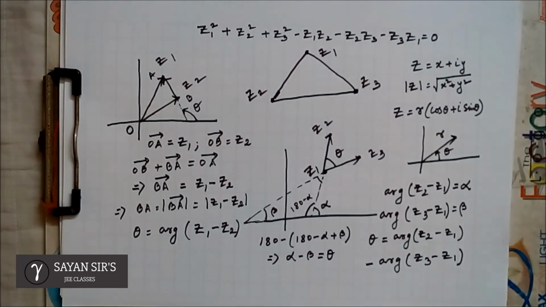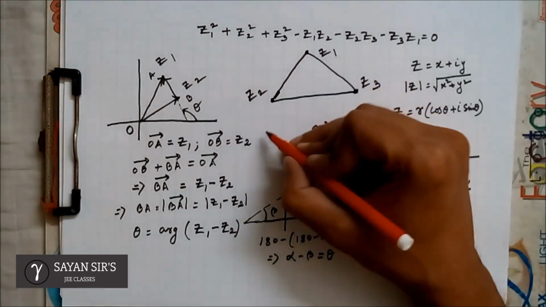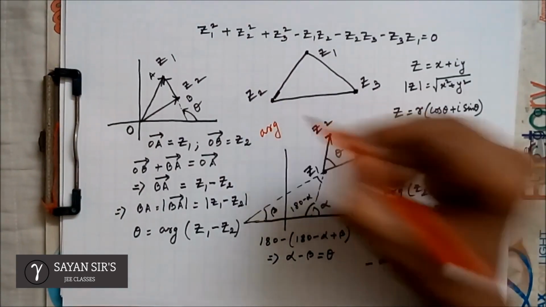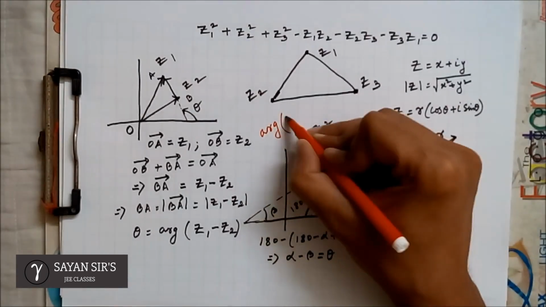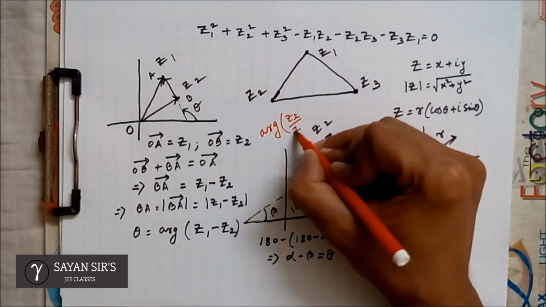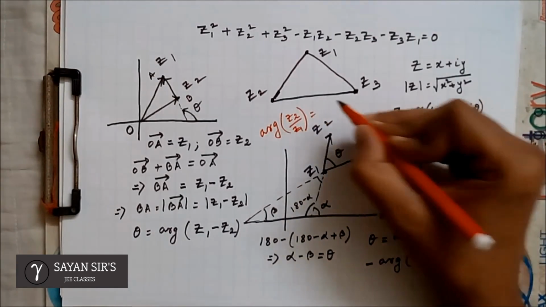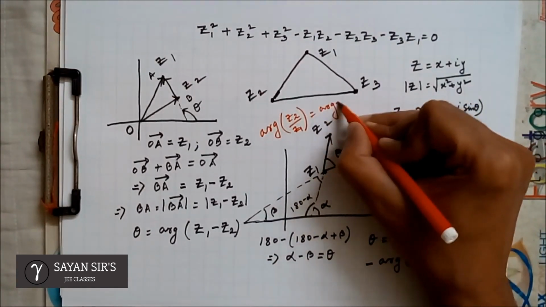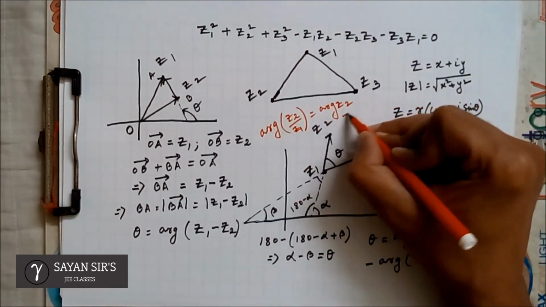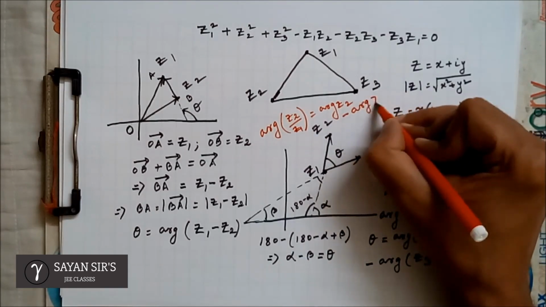And we know that the arguments of complex numbers have a property that argument of say Z2 over Z1 equals argument of Z2 minus argument of Z1.